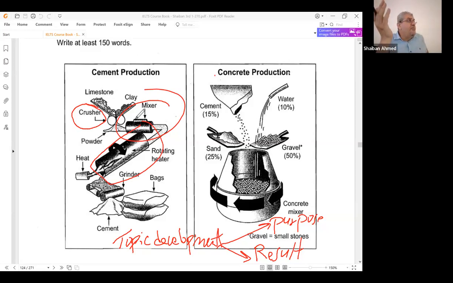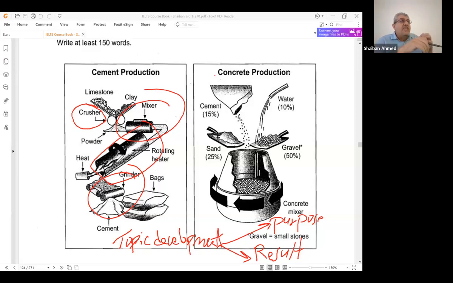To get rid of extra water, to extract water. Anyway, if you don't know this, you can look at the grinder here. So after the heat process, the cement will result in rough particles.